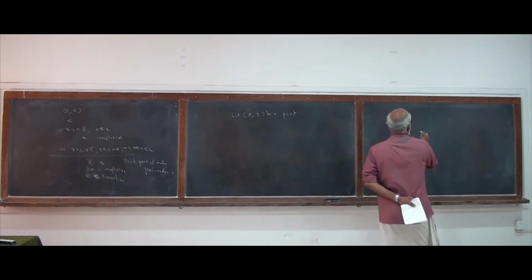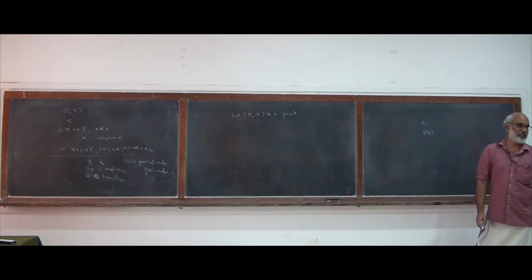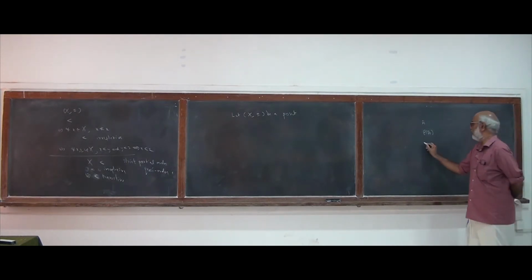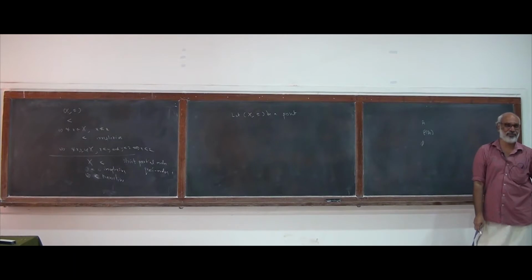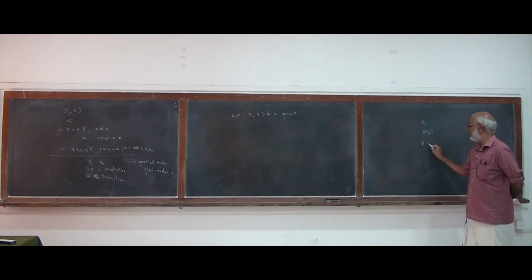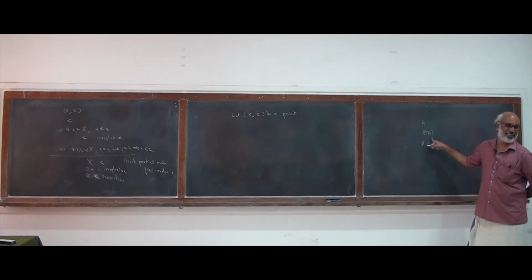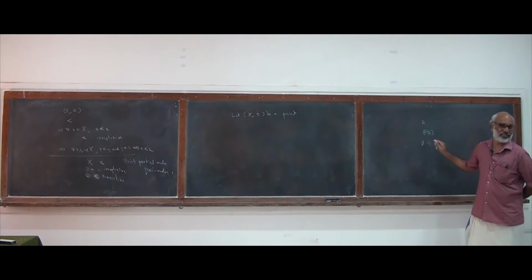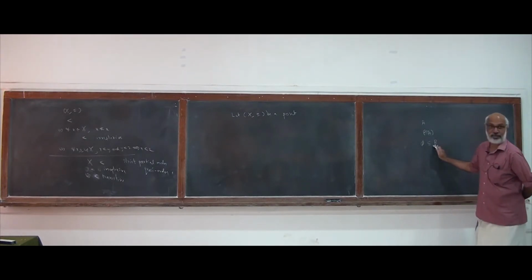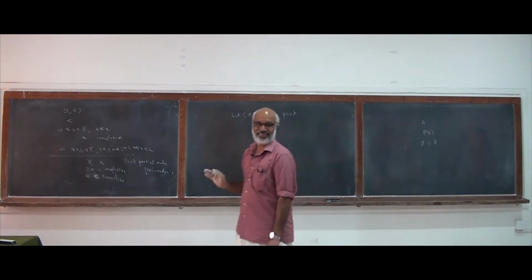For example, you take a set A and you take the power set of A, that is the set of all subsets of A. Now, empty set is an element here with the property that empty set is a subset of every subset of A. So that means this is less than or equal to every set. Such an element is called the smallest element.